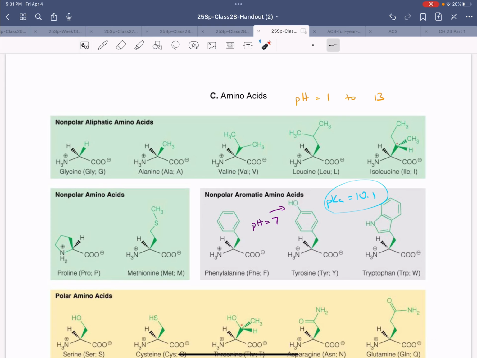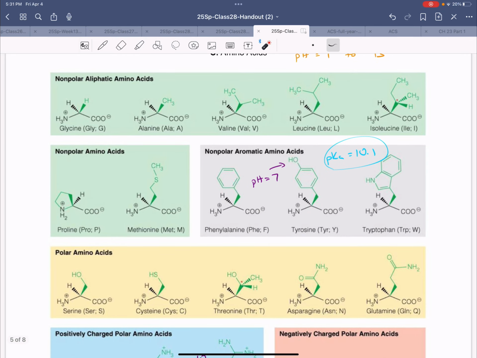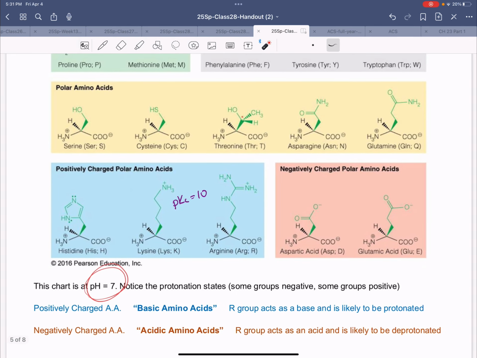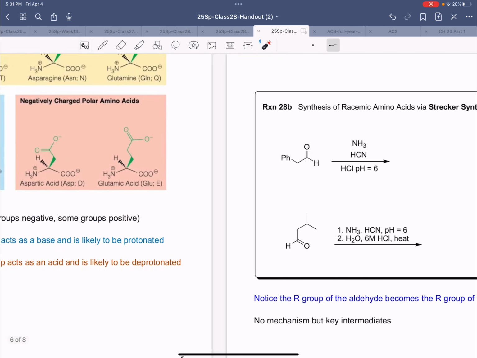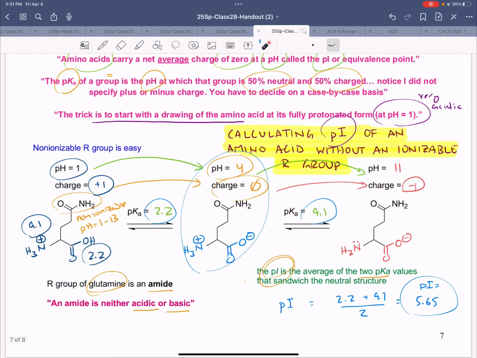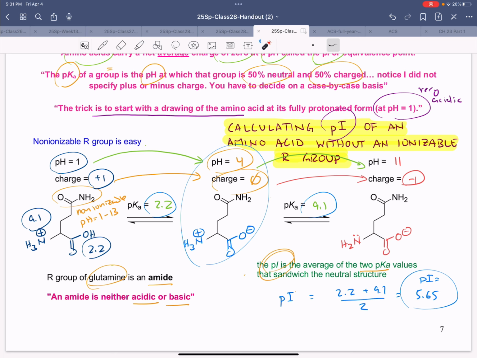So I'm pretty confident in concluding that this is the border between neutral and negative. So maybe that's hard, maybe you understand that pretty easily. So that concludes this video where we figured out the pI for an amino acid with no ionizable R group.